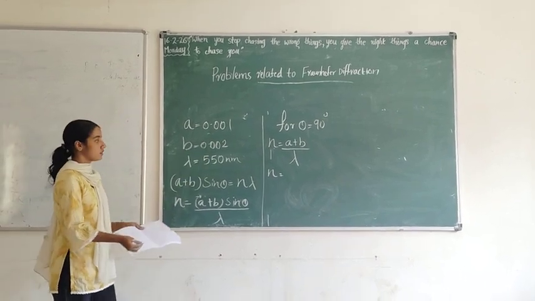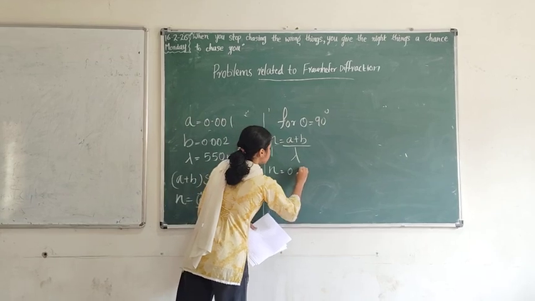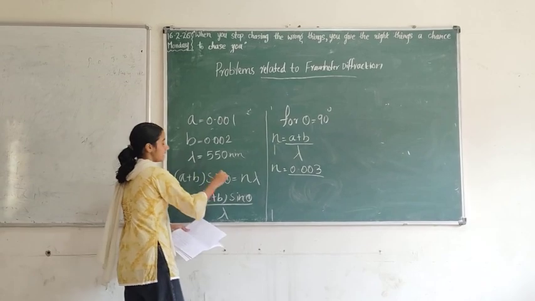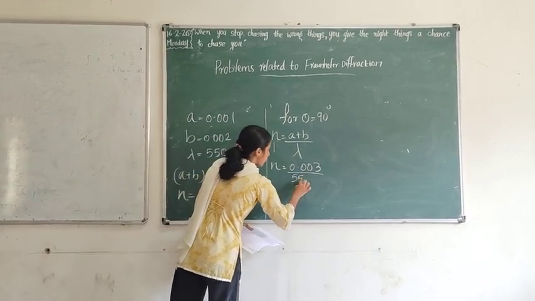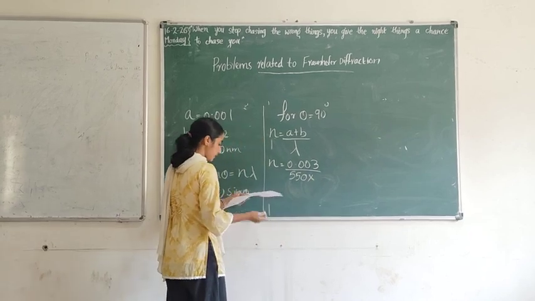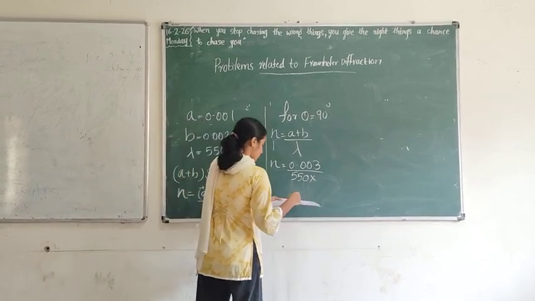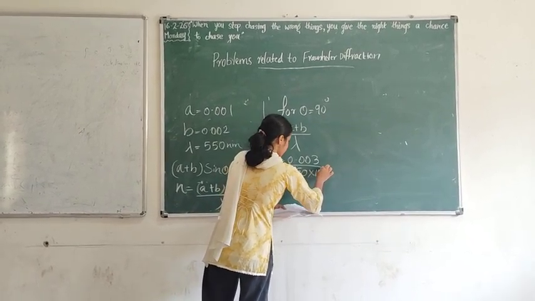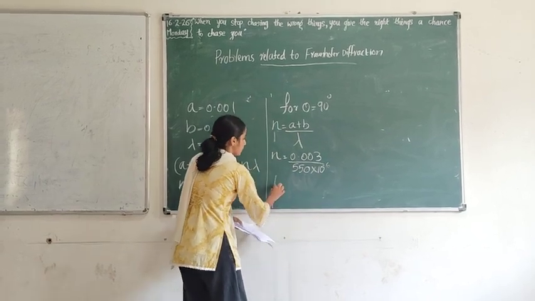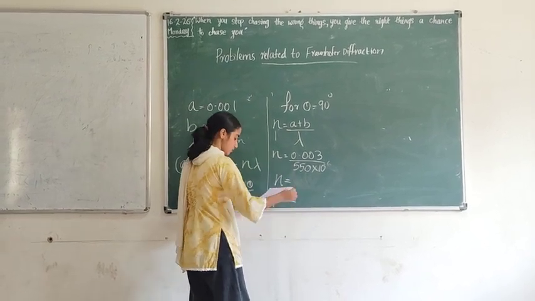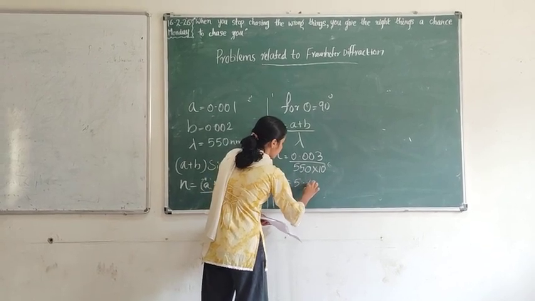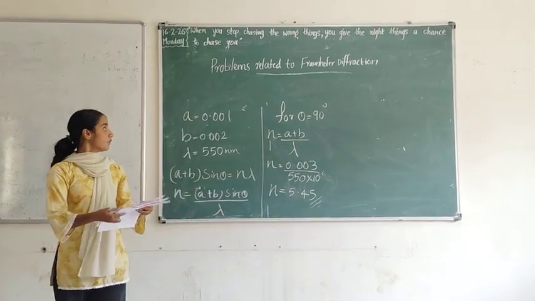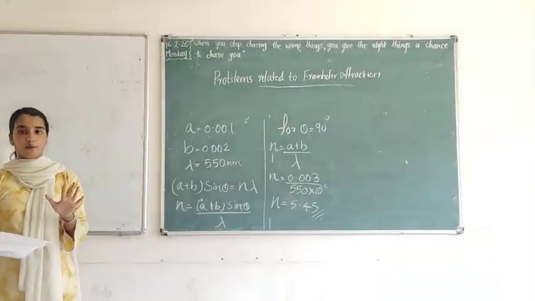What is a plus b? 0.003, divided by the wavelength lambda, 550 nanometer, converted into millimeter by multiplying with 10 raised to minus 6. By calculating this, we get n is equal to 5.45. That means the maximum number of observable orders is 5.